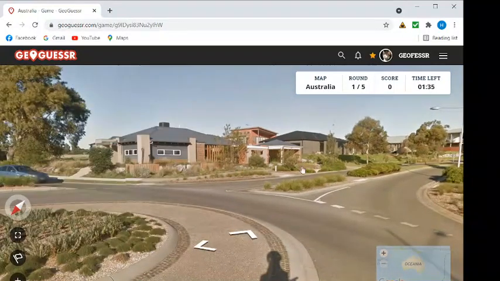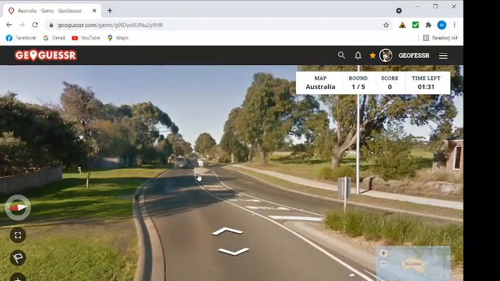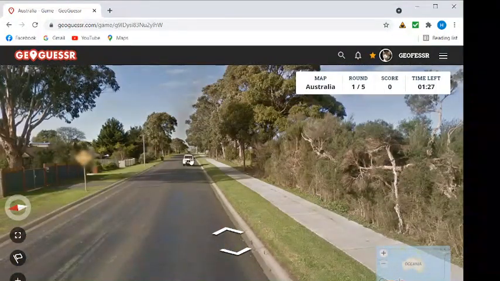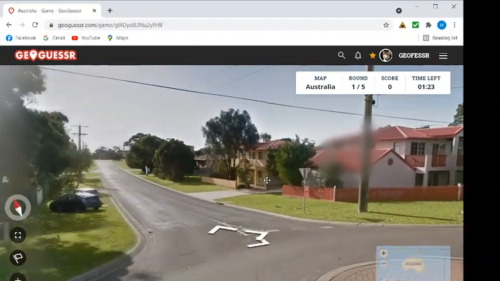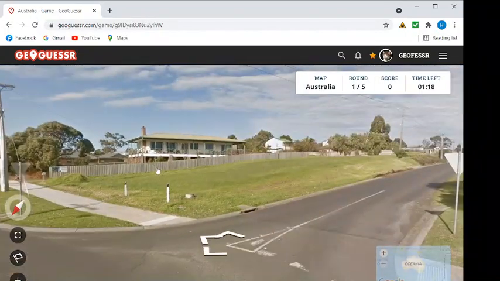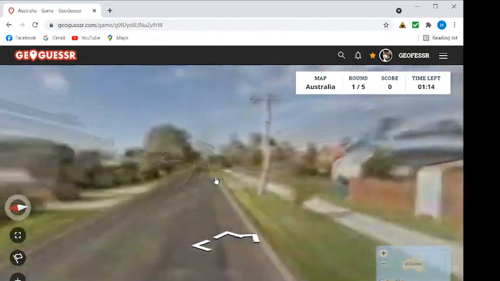So I would say also from the appearance of the landscape that I think this is not the East Coast, but you really can't tell much. In particular, the area around Melbourne and Adelaide and the area around Perth are very similar looking in terms of the landscape.